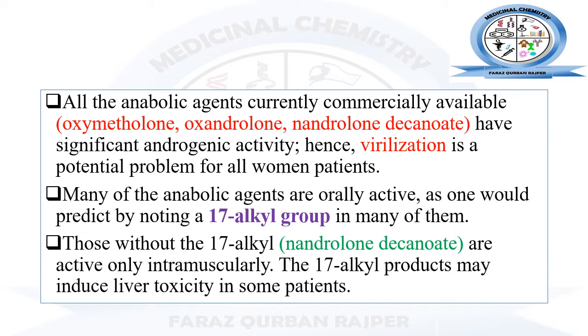There are certain other synthetic derivatives made without the 17-alkyl functional group, and those are nandrolone decanoate. They are only active intramuscularly. The 17-alkyl group formulation products have the disadvantage of causing liver toxicity, or damage to the liver cells, if used for a long time period in patients.